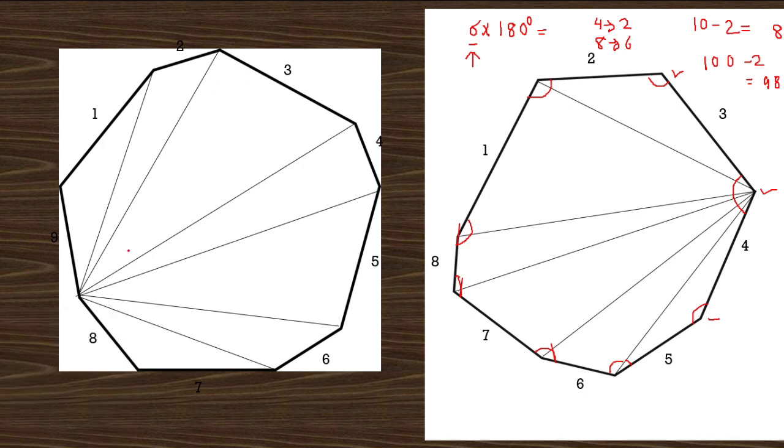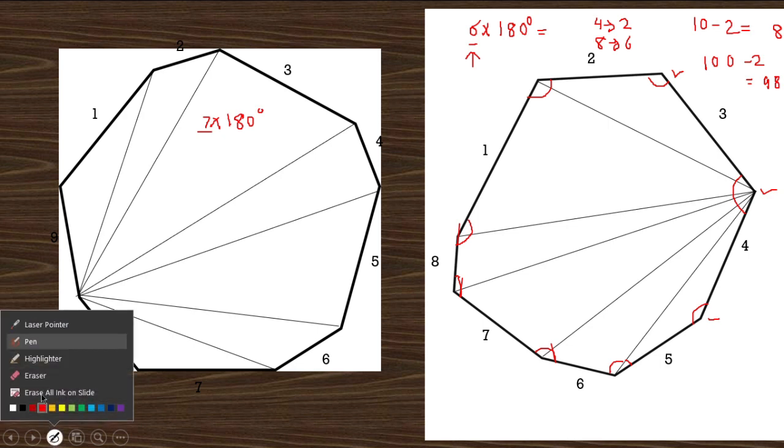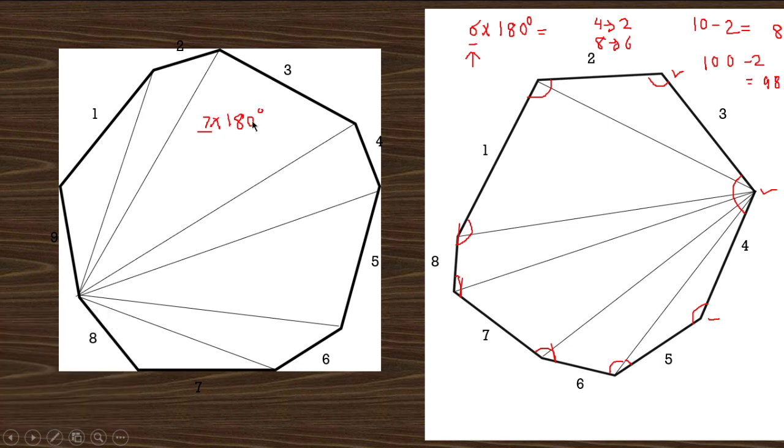The sum of the 9 angles of a nonagon is going to be equal to 7 into 180. It's not 9 into 180, because we multiply 180 by the number of triangles, and the number of triangles is 2 less. So 180 into 7, which can be easily calculated, 180 degrees 7 times.